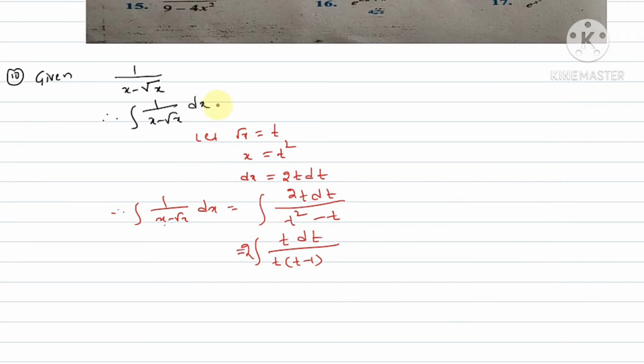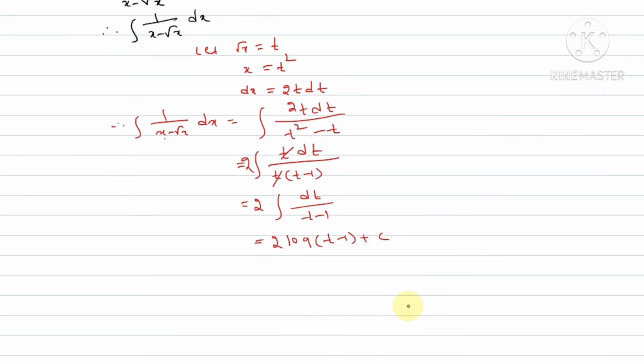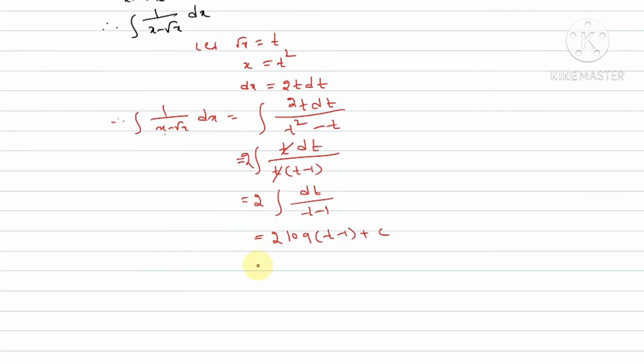Clear? Now this t will be cancelled, which implies 2 into the integral of dt upon (t minus 1). Again this is of the form integration of 1 by x, so we can write 2 into log of (t minus 1) plus some arbitrary constant. What is t? The t value is root x, so 2 log of (root x minus 1) plus c.